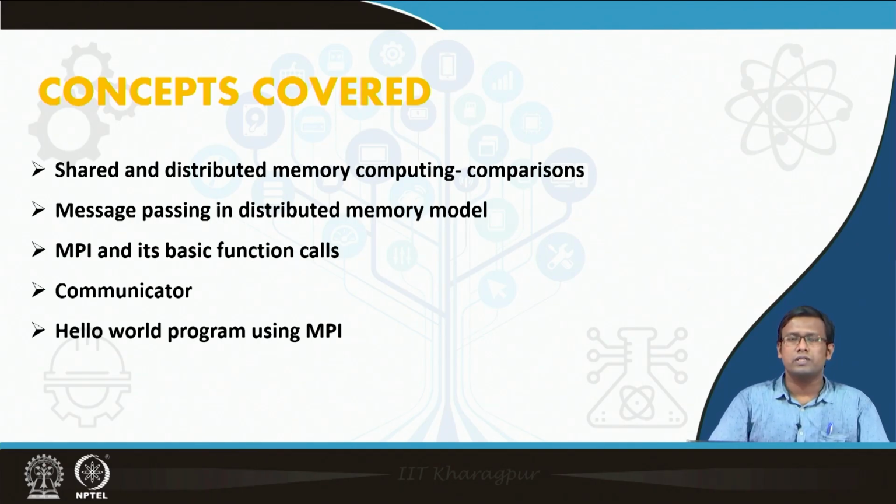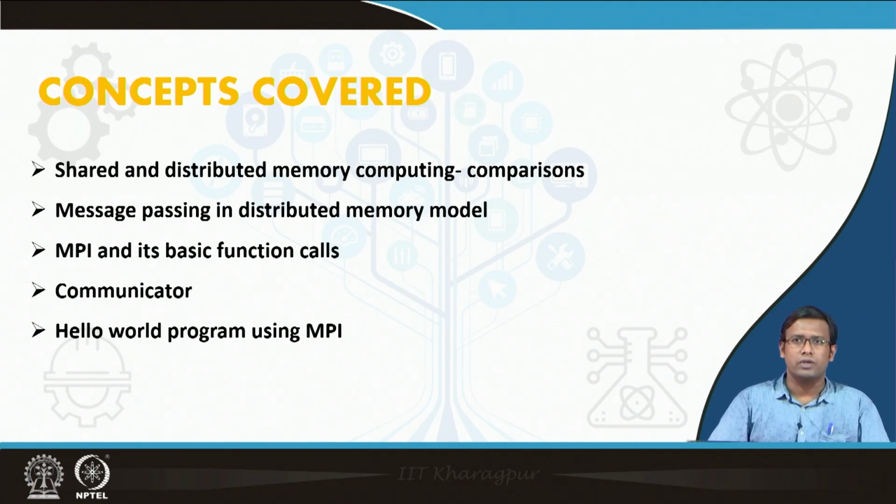And then we will discuss message passing, which is probably the most demarcating pointer of the distributed memory computing model, and the API for message passing, which is universally used, is the message passing interface or MPI. We will introduce MPI at that point and discuss some basic function calls.